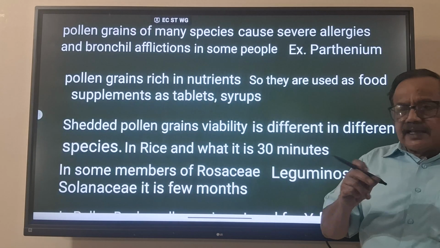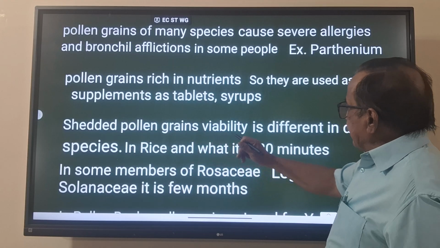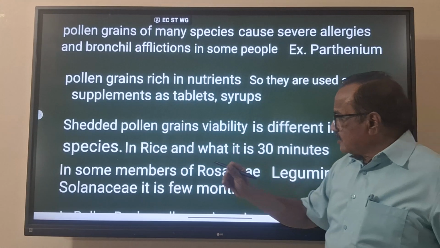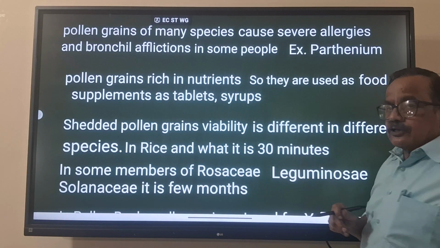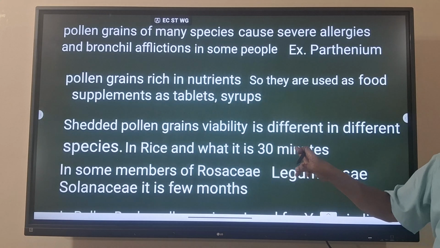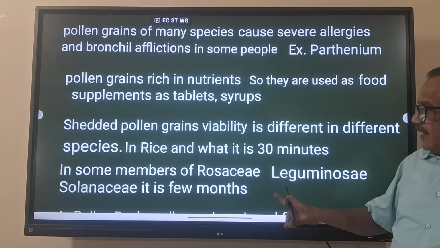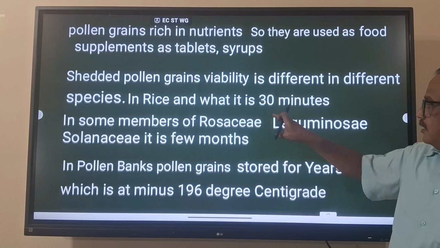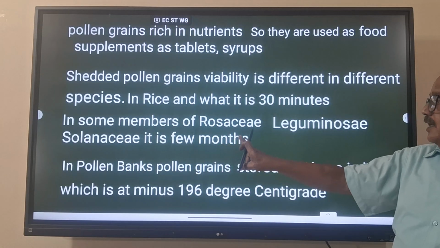The viability of shed pollen grains is different in different species. In rice and wheat, it is only 30 minutes. This is very important to know. Very little time. And in some members of Rosales, legumes, and Solanaceae, the pollen grains can survive for a few months.